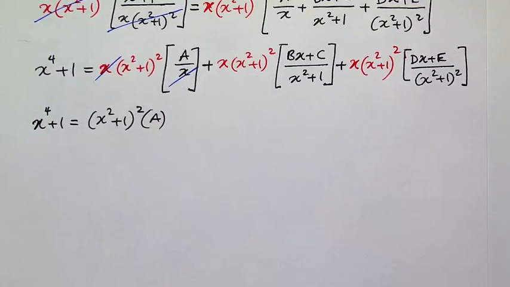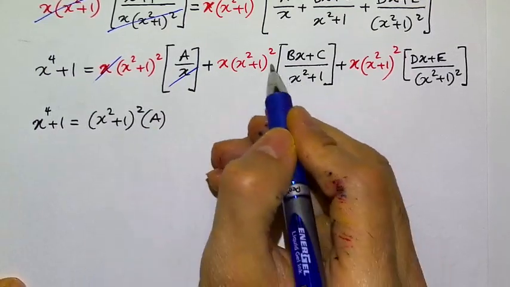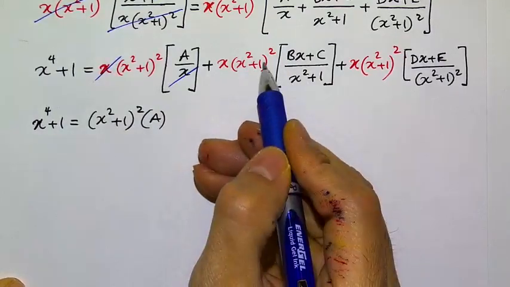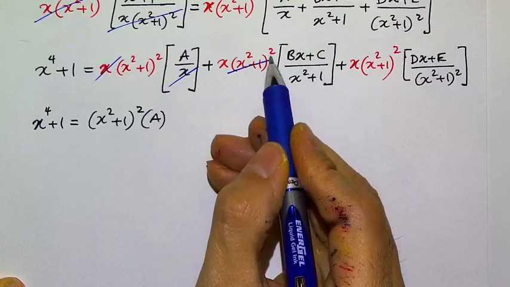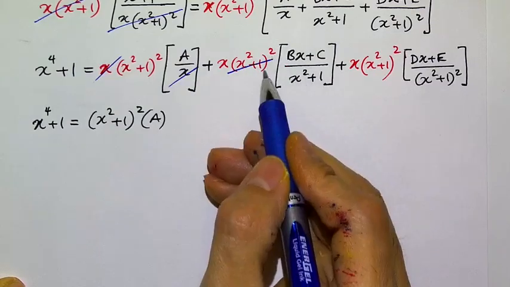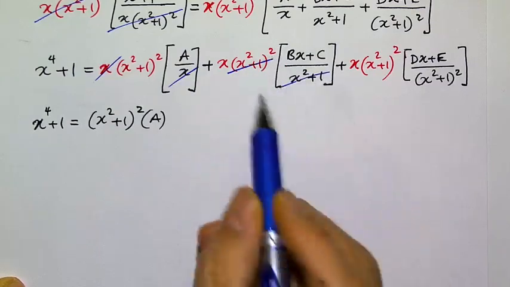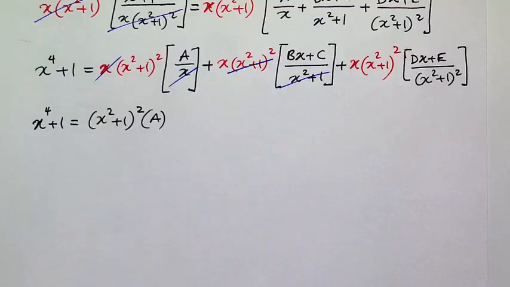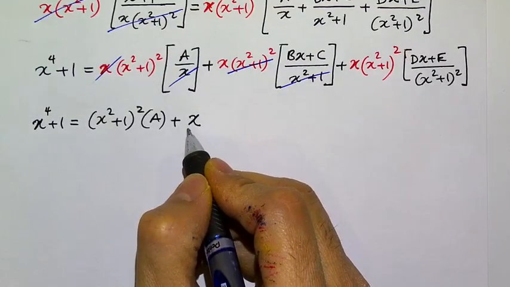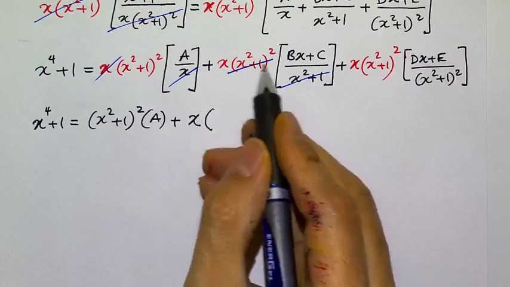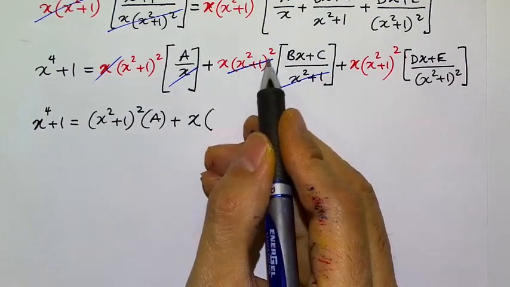The next term: this (x squared plus 1) has a power of 2, because this is repeating. But this and this cancel, so we're left with plus this x which didn't cancel, times the other repeating factor that didn't cancel.